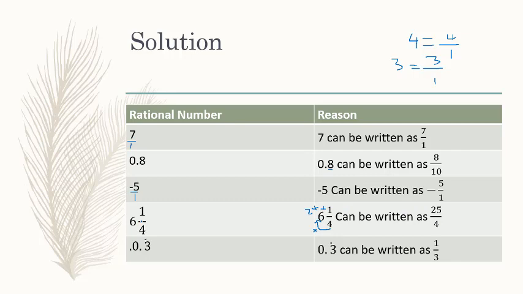Whenever you want to know if a mixed number is a rational number, you should convert it into an improper fraction. How do we do it? We multiply the denominator by the whole number, 4 multiplied by 6, which is 24, and we add the numerator to the product. Then we say 24 plus 1, which is 25. 25 fourths is a fraction. Then we say that 6 and 1/4 is a rational number.